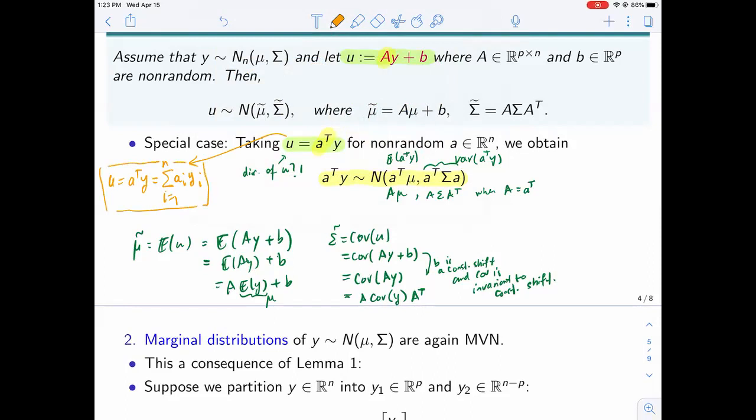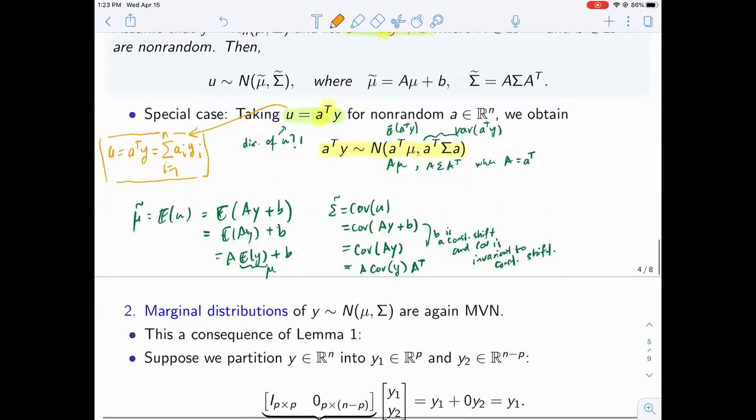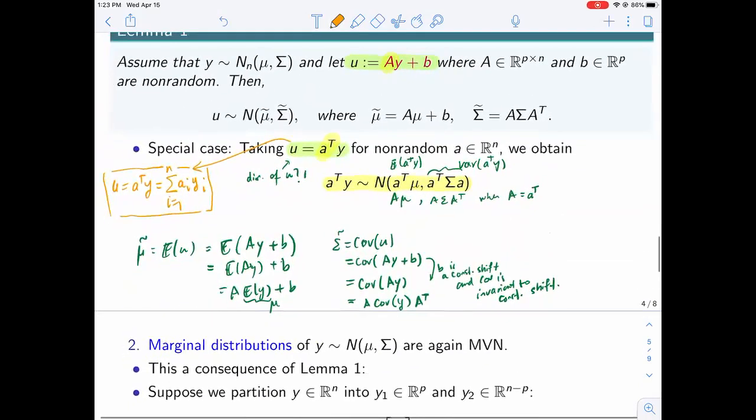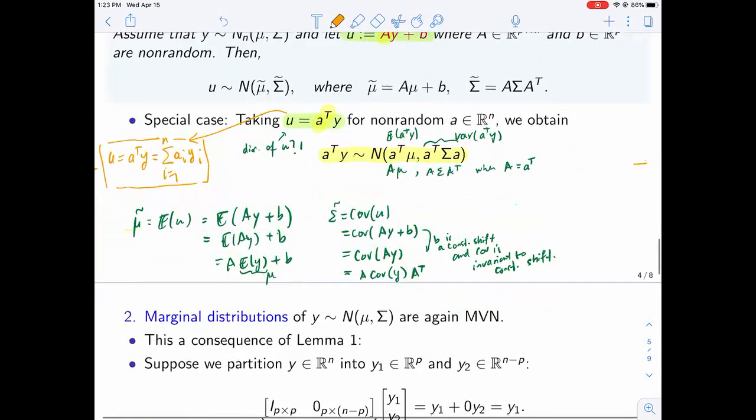Also, how did the A transpose become Ai, just Ai instead of the transpose? You just have to remember that A is A1, A2 up to An, and Y is Y1 up to Yn.